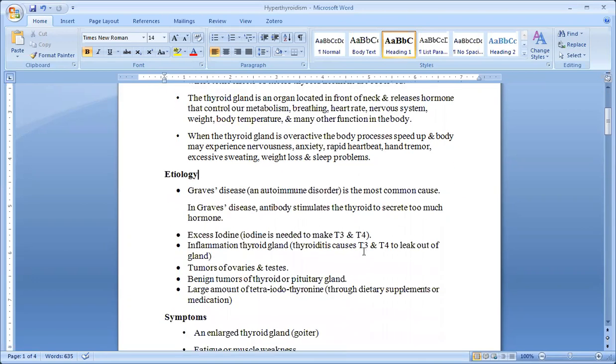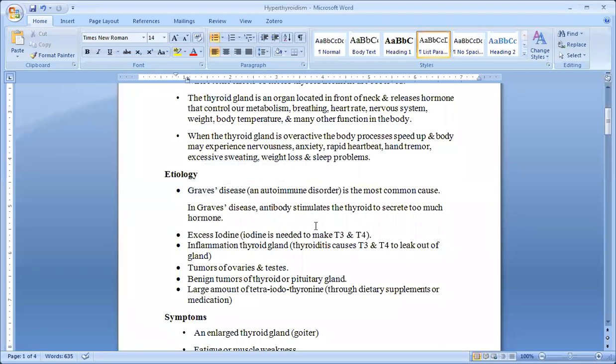Now, what are the main causes? You know this one, Graves' disease. This causes hyperthyroidism. This Graves' disease is an autoimmune disorder, a very dangerous autoimmune disorder. The most common cause of hyperthyroidism is Graves' disease. Autoimmune disorder means what?